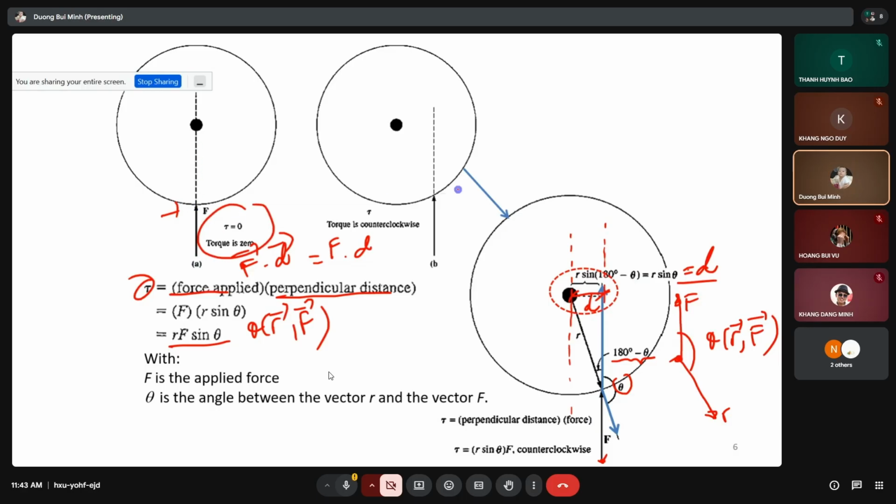If we have F here, the torque direction will be counterclockwise. And if F is here, you get clockwise direction. So we have two kinds of torque directions, clockwise and counterclockwise. It depends on the direction of the external force.